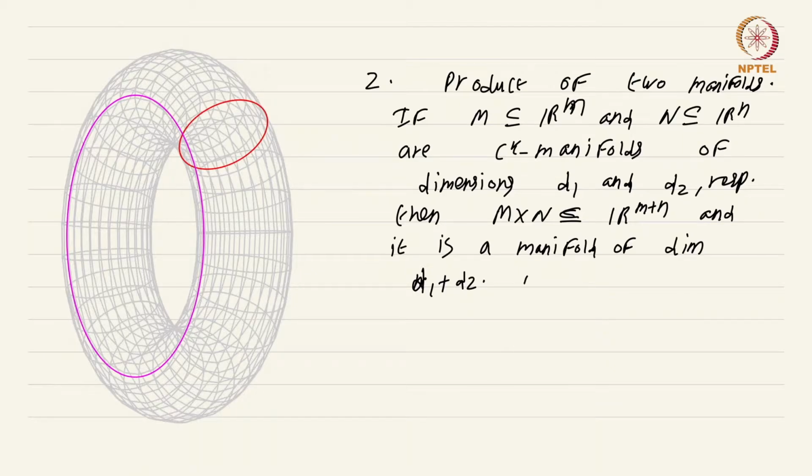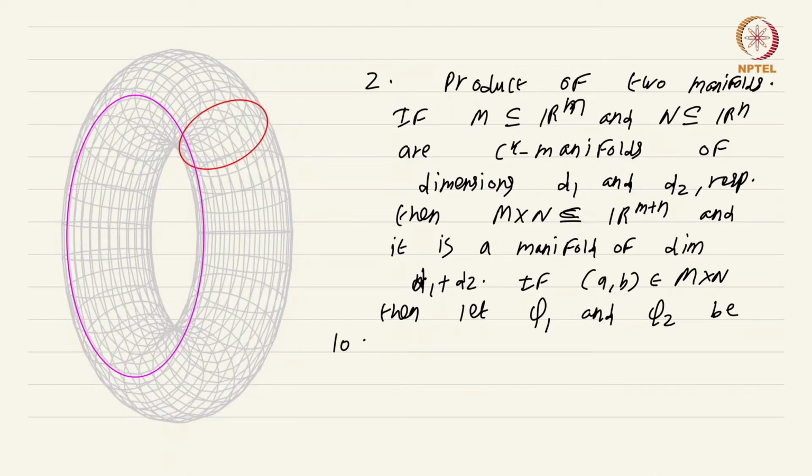Well, if a comma b is a point in M cross N, then let phi1 and phi2 be local parameterizations near a and b.